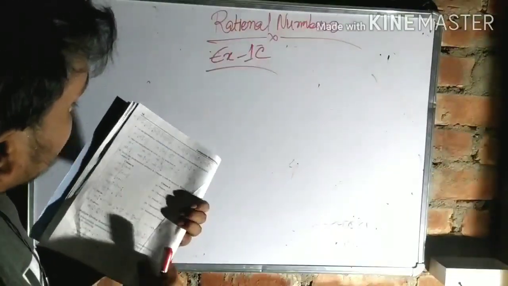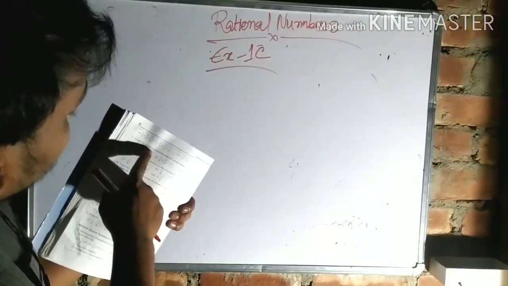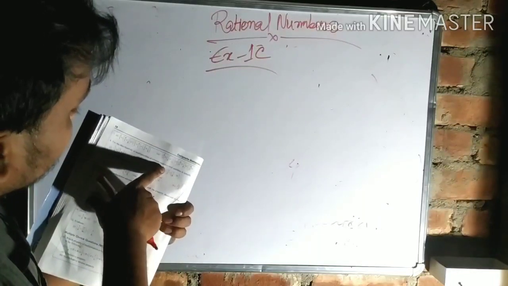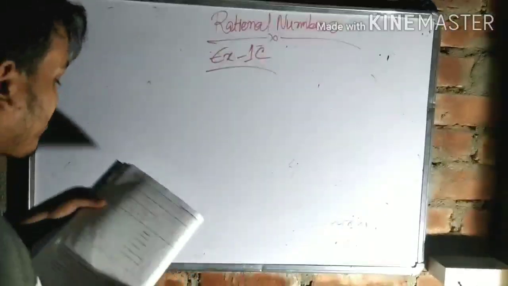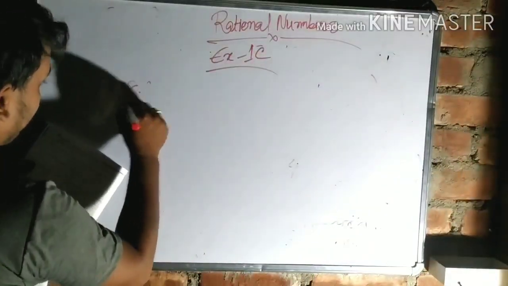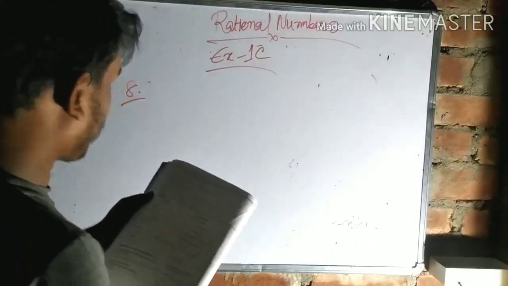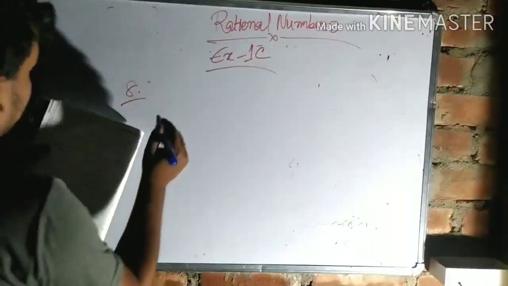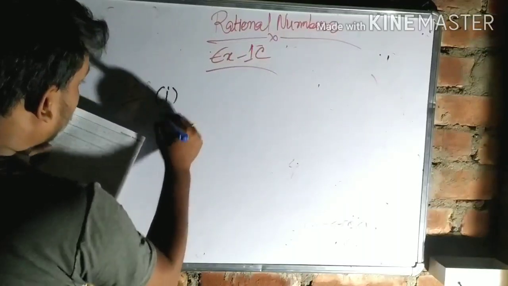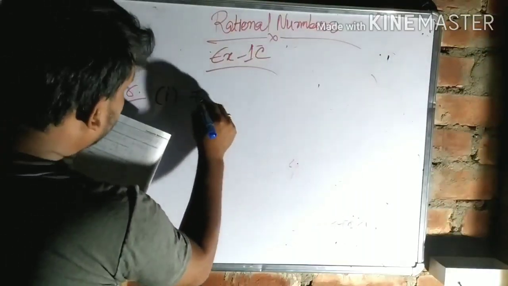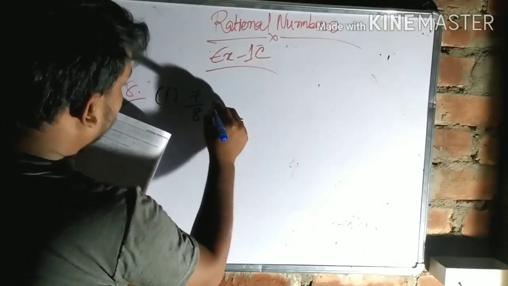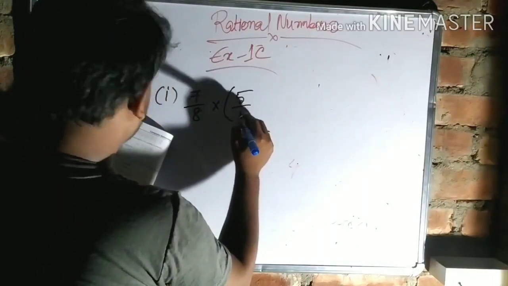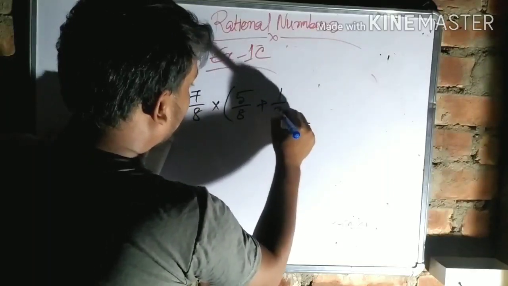And next thing, use the distributive property of multiplication of rational numbers over addition to simplify. So number 8, 1 number. What is the question? The question is, use the distributive property. So what is the distributive property? Plus 1 by 2.